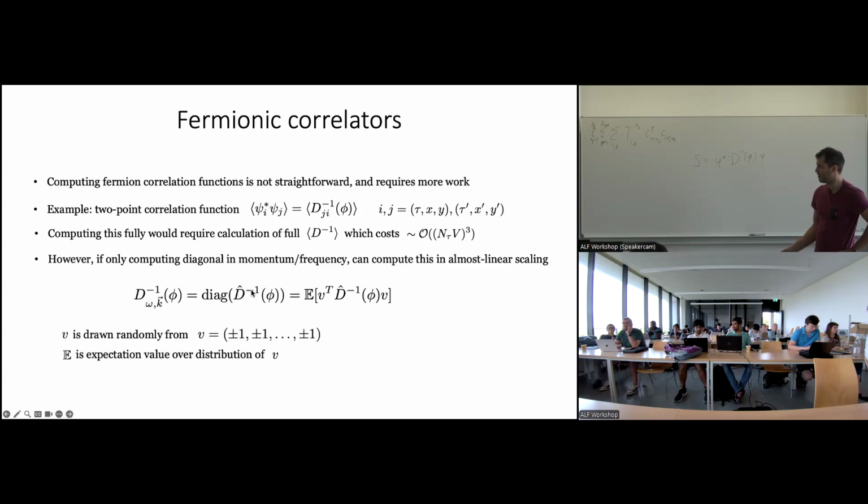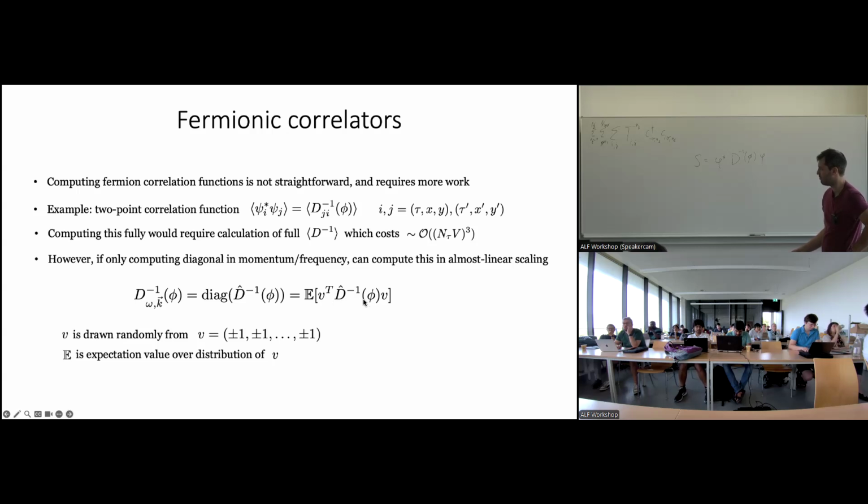And then I can use the following trick, which is pretty standard in applied math, where you compute the diagonal of a matrix stochastically. So here, this is just the notation for the expectation value of the following thing. I'm sandwiching this inverse D matrix between this vector V in the same way.